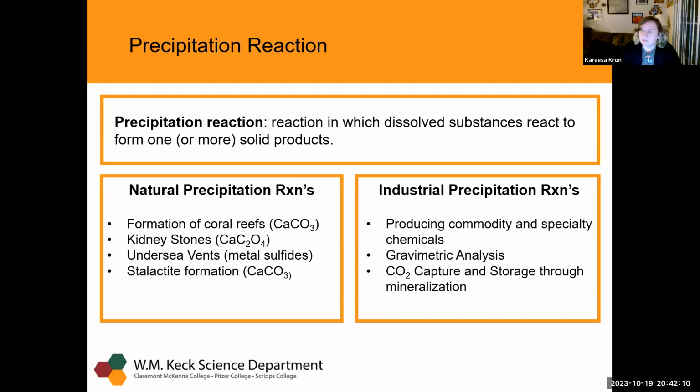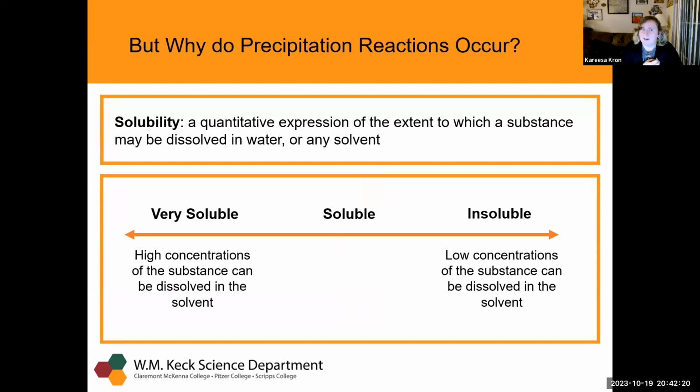So precipitation reactions are super important for how the natural world works and for how we're able to do interesting chemistry. But in order to do cool precipitation reactions, it helps to understand why they occur or where they come from. And solubility explains why we see precipitation reactions.